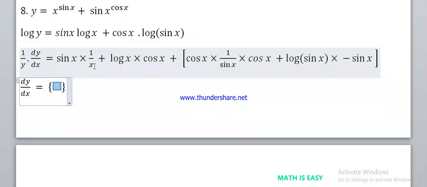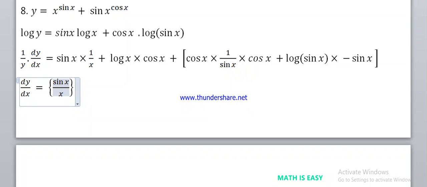Here you get sin x into 1 by x, which is sin x upon x, plus cos x into log x.